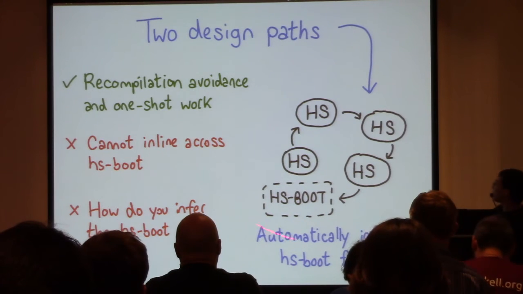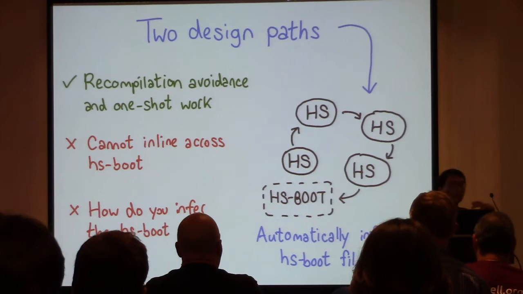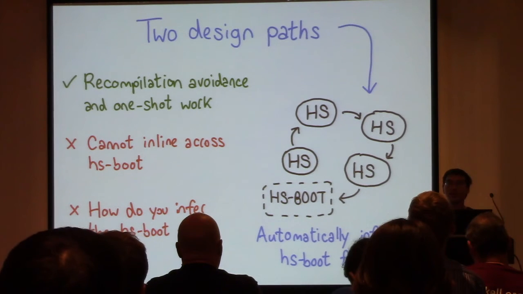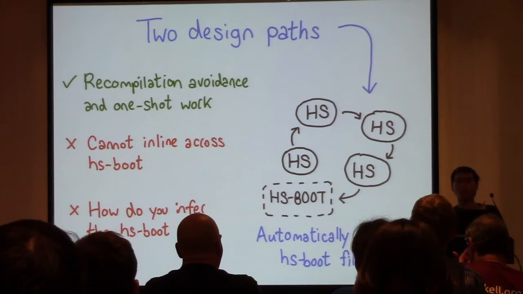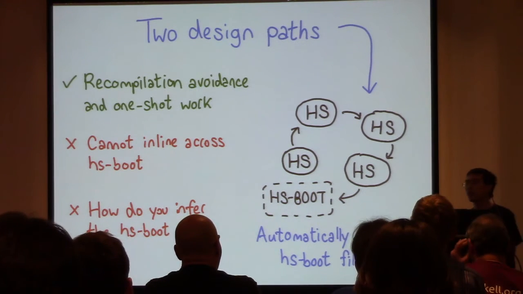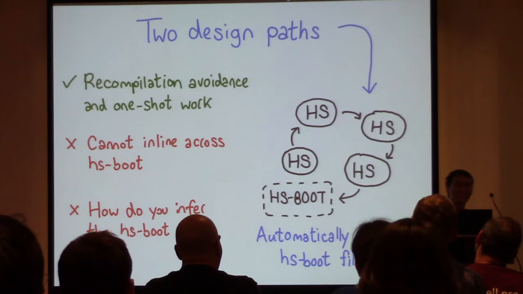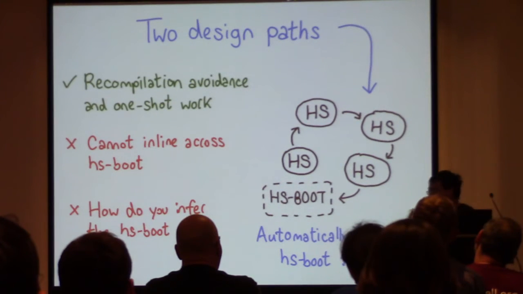So the other implementation path, I think, is if we can somehow infer what an HS boot file is. Something people often say when they're complaining about having to write HS boot files is, well, I wouldn't mind so much if I didn't write type signatures in my Haskell files. But I do write type signatures in my Haskell files. I religiously annotate all of my top-level declarations with signatures.